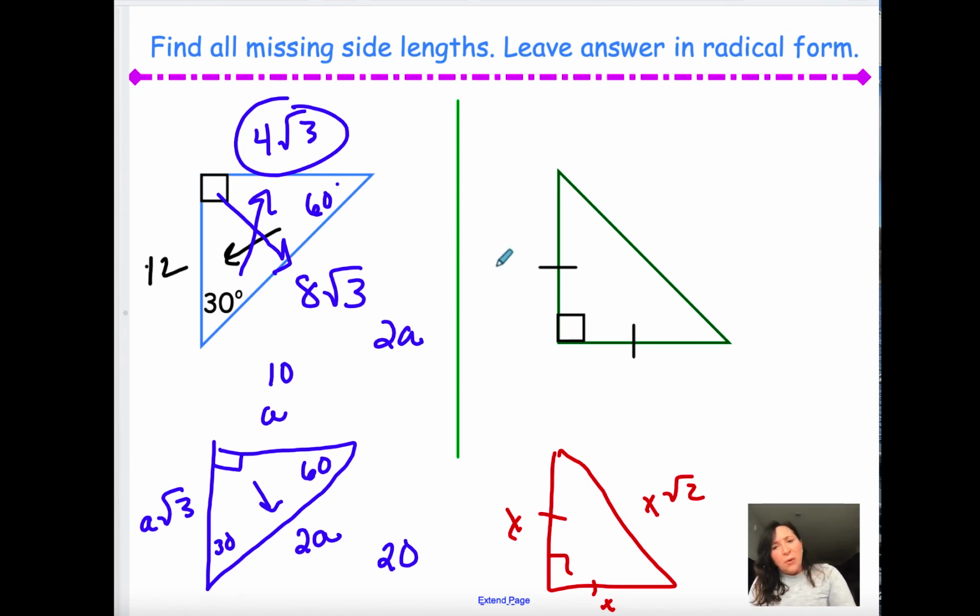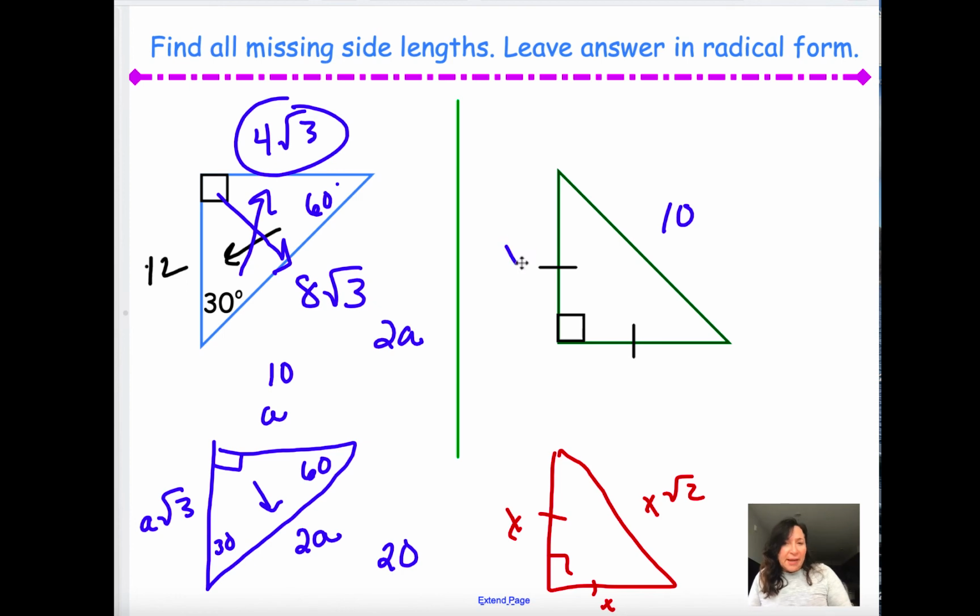The other thing, though, is I know we did the 5, 5, 5 root 2, 10, 10, 10 root 2. What if this was 7 root 2? Going backwards, of course, this would be 7, and this would be 7. But what if it wasn't something quite so nice and easy like that? What if it was something like 10? That's 10.